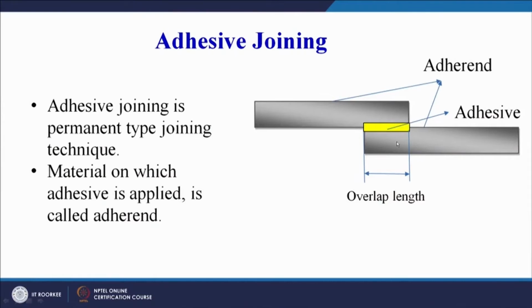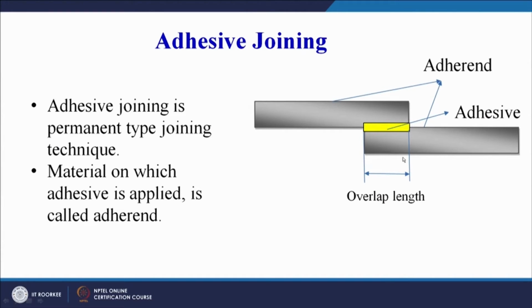We should not use the word welded, because here we are going to use an additional adhesive in between, and this is an adhesive joining process. So, these are the two adherents which have to be joined together, not welded together, and this is the yellow color adhesive which is applied between the two adherents to join them together.